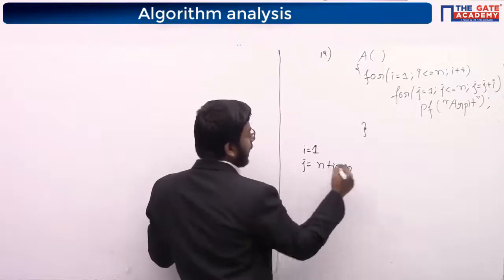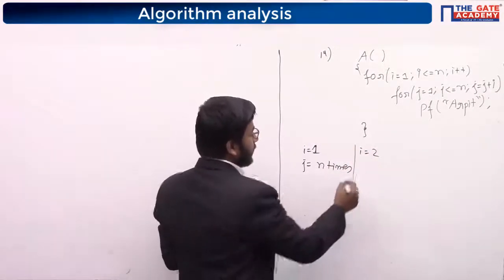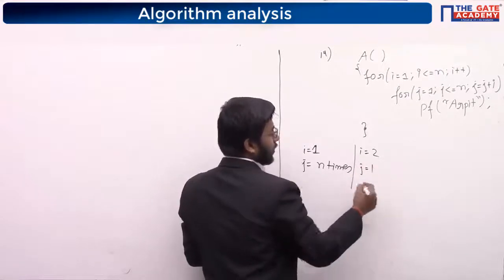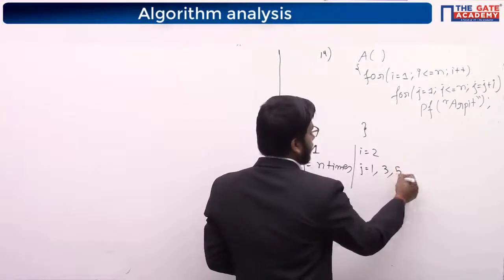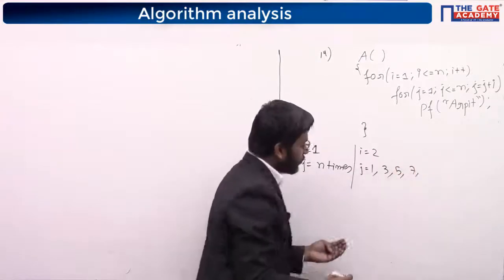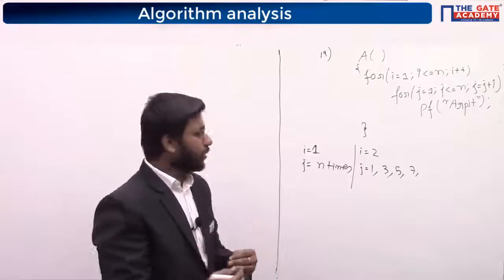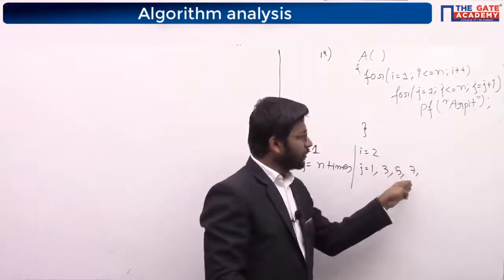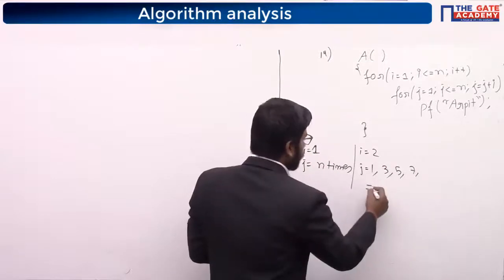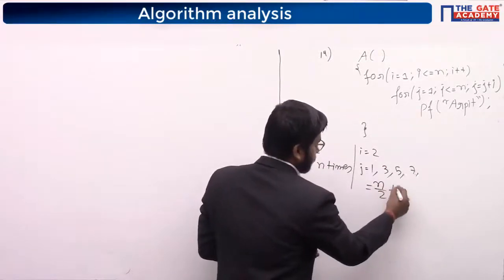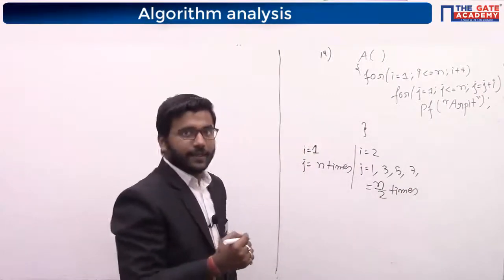Now when i is 2, j will increment like 1, then 1 plus 2 is 3, then 5, then 7. So it takes half of the numbers, because it is missing the middle one. So it is going to run n by 2 times. Is it clear?